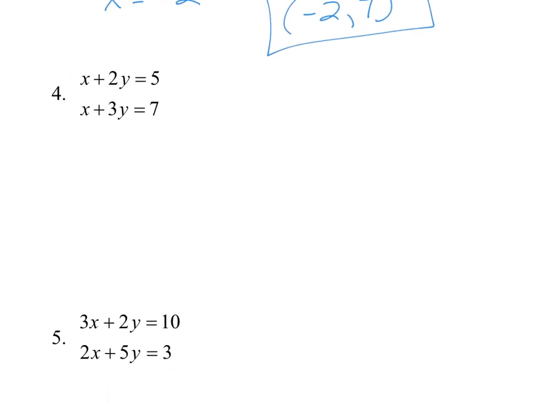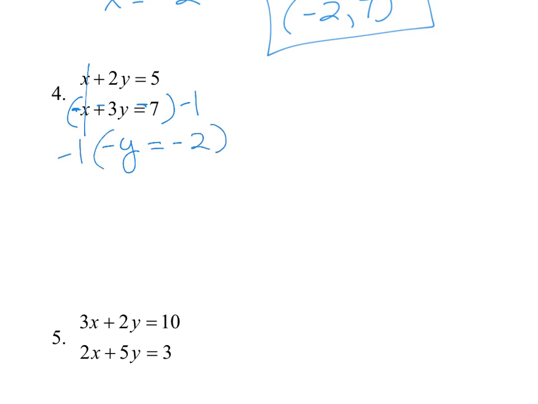Okay, and number 4. Okay, this one's easy. I'm just going to multiply the bottom equation by -1. And what that does is merely change all the signs. So now I have the x's cross out. 2y minus 3y leaves me with a -y equals 5 minus 7, or -2.